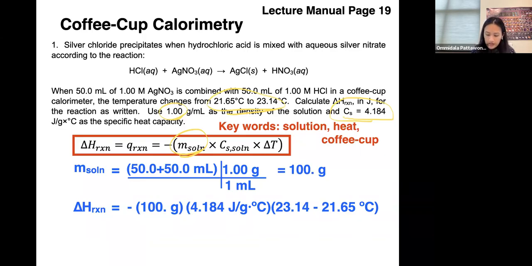Remember, delta T is final minus initial. Don't forget that, because if you forget that, then the sign of your final answer would come out incorrectly. If you do this, your delta H comes out to be a negative value, exactly what we expect, because this is an exothermic reaction. It's releasing heat, so it should come out to be a negative value, with 3 sig figs. Therefore, your answer would have 3 sig figs.